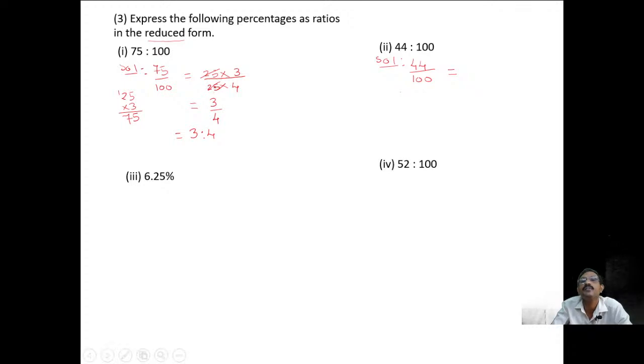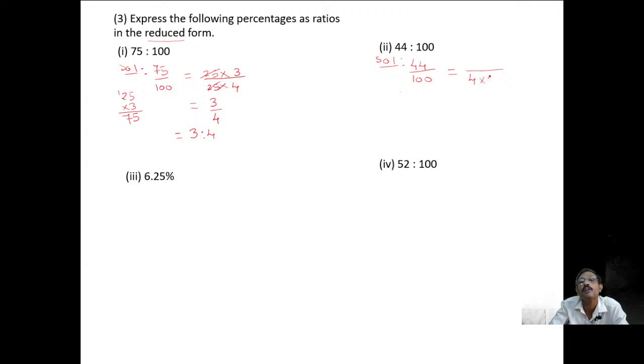Look here, 25 fours are 100. Here can we use 25 into 4? But we use 25 into a certain number. 25 twos gives me 50. So I cannot use 25 here. But can I use 4? And I say 4 into 25. Here I can say 4 into 25 and a certain number which multiplied by 4 gives me 44.